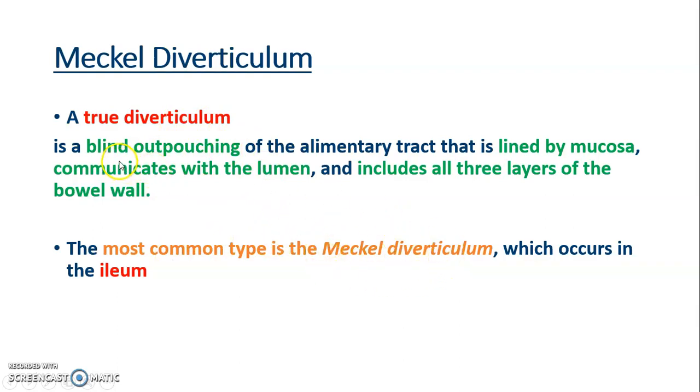It is a blind outpouching of the alimentary tract that is lined by mucosa, and it communicates with the lumen. So it communicates with the lumen, and it includes all three layers of the bowel wall: mucosa, submucosa, and muscularis propria.